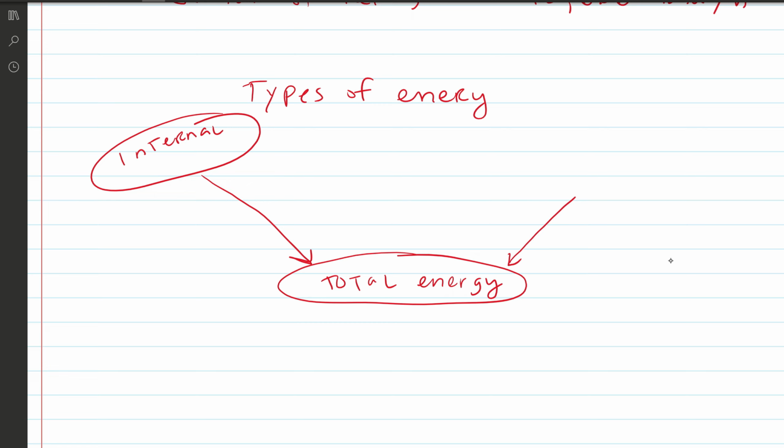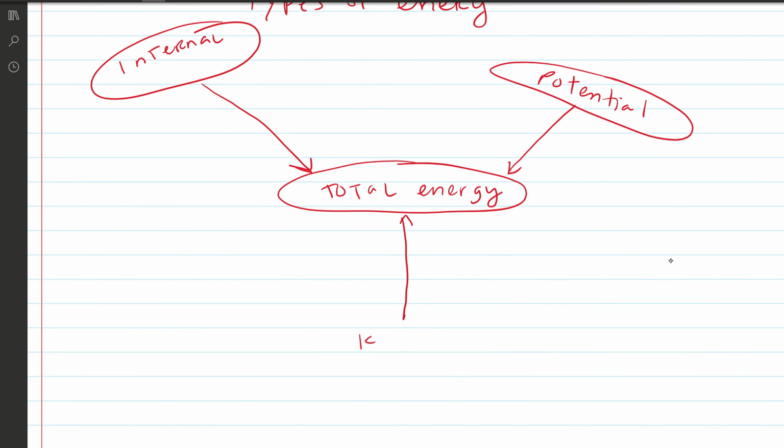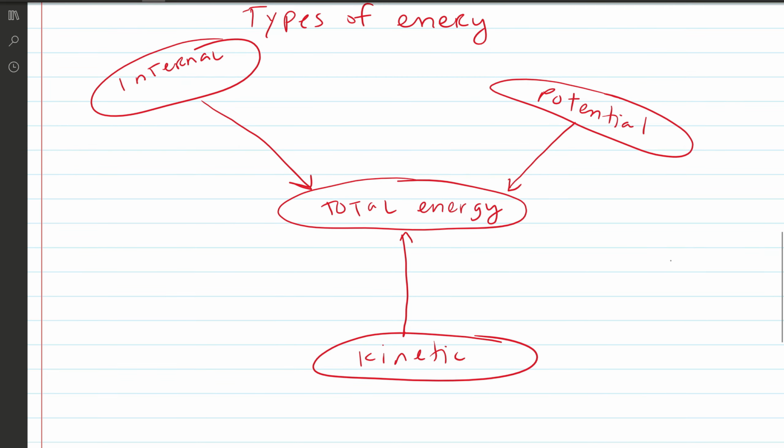Another type is potential. And the third type will be, you probably guessed it, kinetic. So the internal, potential, and kinetic are the types of energy. The total energy of a system is the combination of the system's internal energy, potential energy, and kinetic energy.